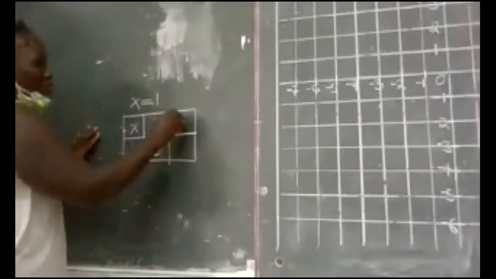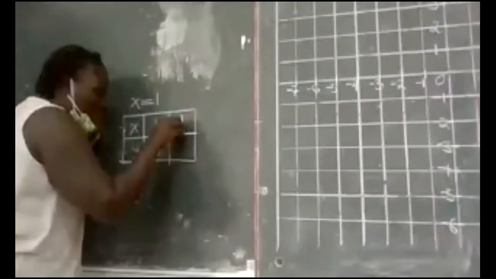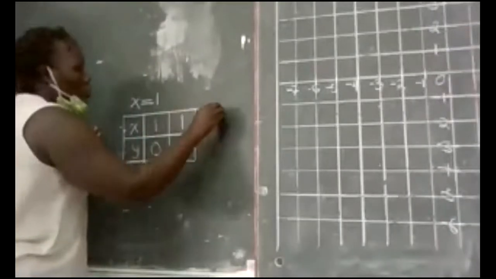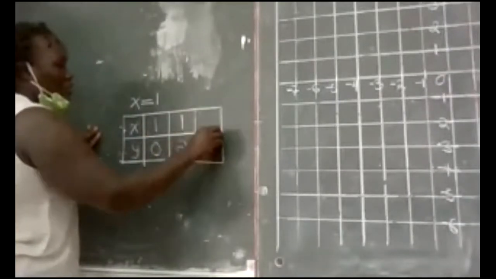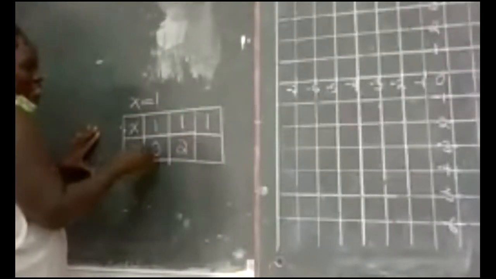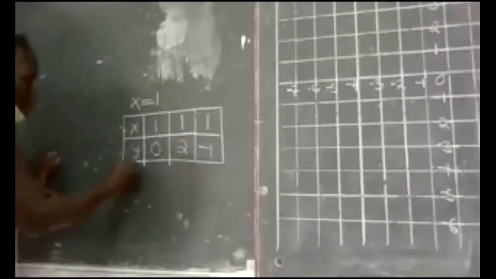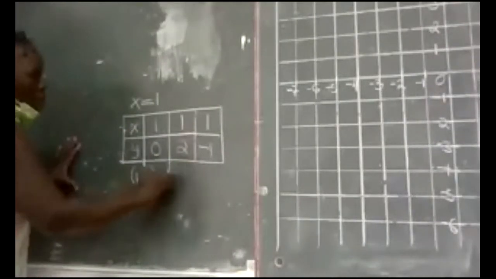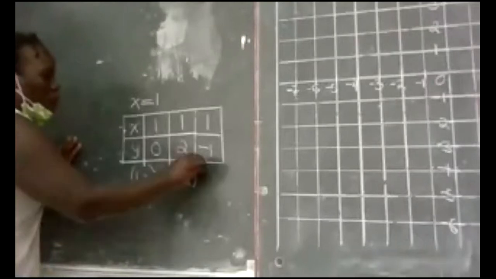So still when x is 1, y can be 2. Let me get 3. When x is still maintained at 1, y can be -1. So I'm going to plot these 3 points, (1, 0), (1, 2), (1, -1). You can have other points, but remember x must be maintained at 1.